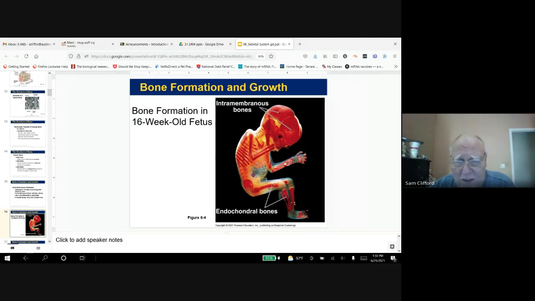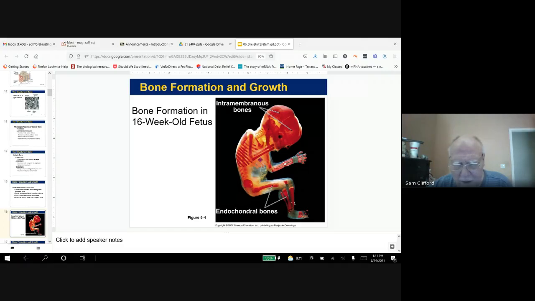Most of the rest of the skeleton, the long bones, are formed from the cartilage skeleton of the fetus. So the cartilage skeleton is the template, and the osteoblasts, osteocytes, and osteoclasts break down bone, build bone, and the mature osteocytes maintain the bone structure.